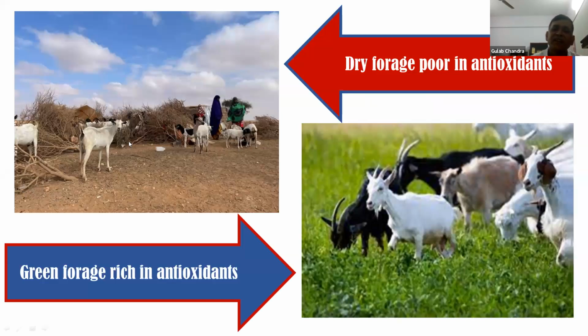The forage grown in drought condition is poor in antioxidants. If the fodder is poor in antioxidants, then the antioxidant level decreases in the goat blood, due to the decreased dietary content of antioxidants.